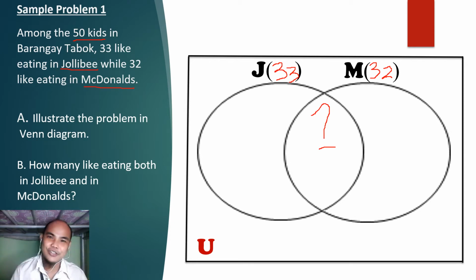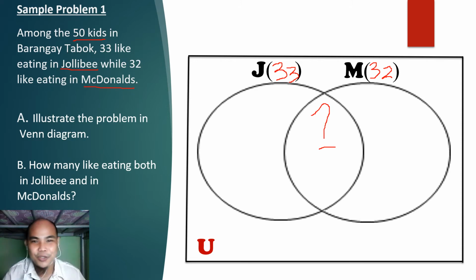Very good. 50 kids is the universal set. Those are the number of elements involved in our universal set. That's the totality of the population. In other words, we can get the commonality or intersection of our Jollibee and McDonald's by using our universal set, which is 50.